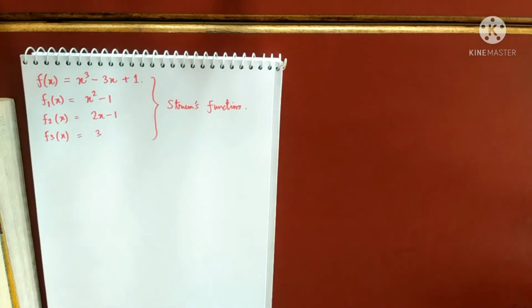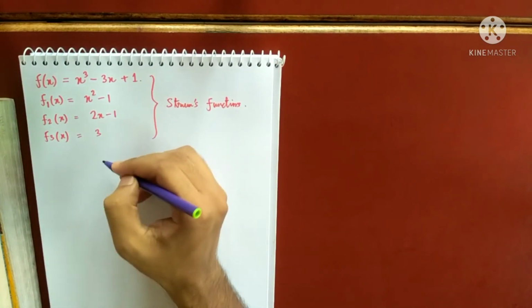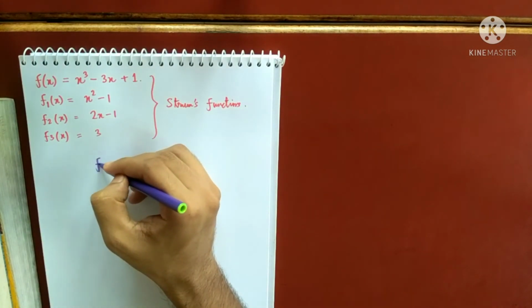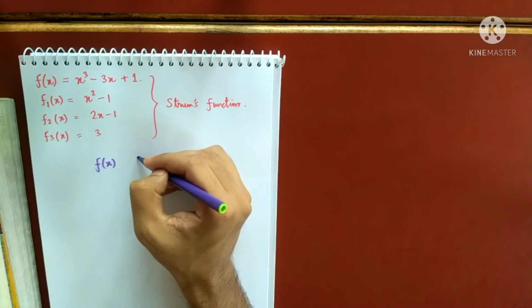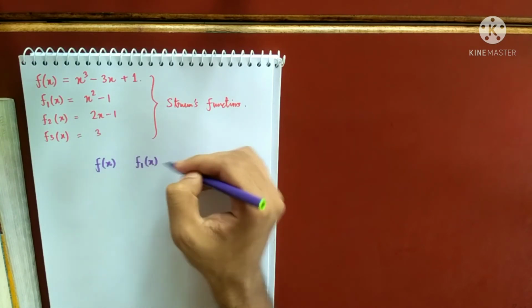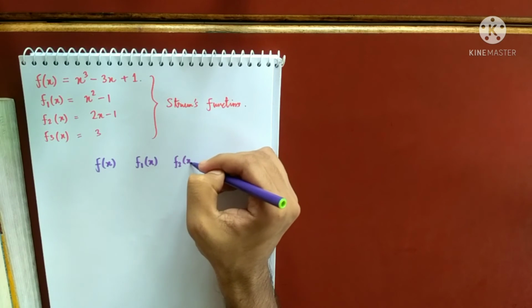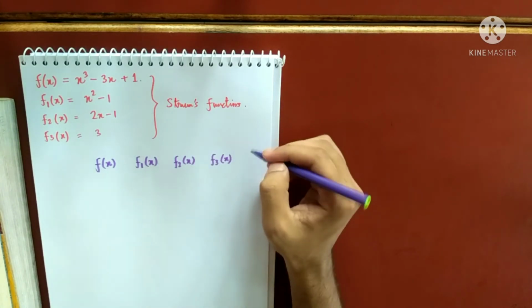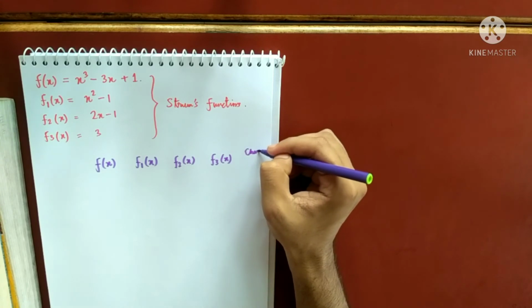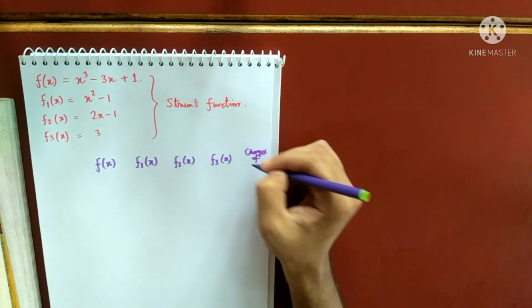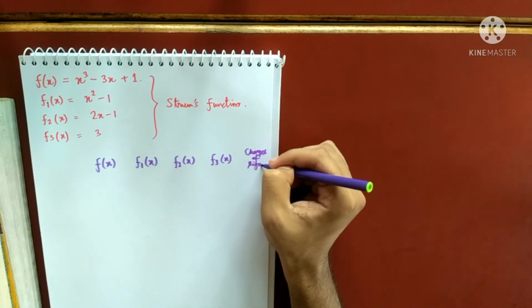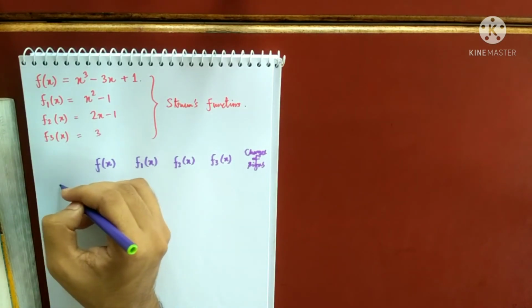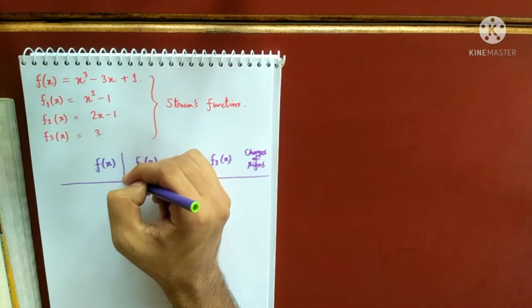This is my fx, this is my f1x, this is my f2x, and this is my f3x. And this is my changes of signs. Okay, so I have this table here like this.